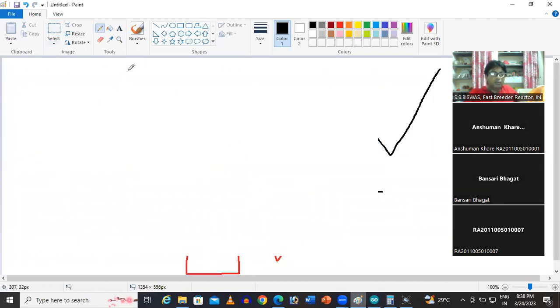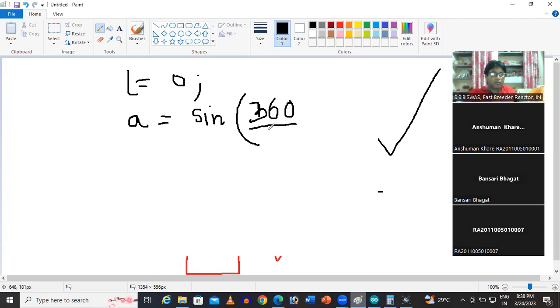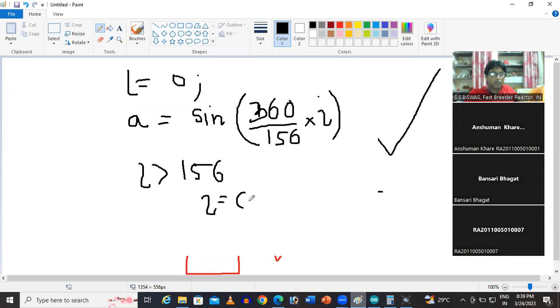Okay. That means I is equal to 0. Then your sine theta, say that value is A, is equal to sine of (360 divided by 156) into I. And once this I goes more than 156, you again start the counting from 0.